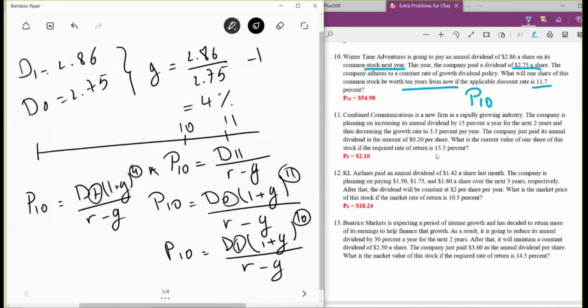So those two coefficients, their sum should be equal to 11 because I need the 11 to find P10. So here I can use this one or this one.